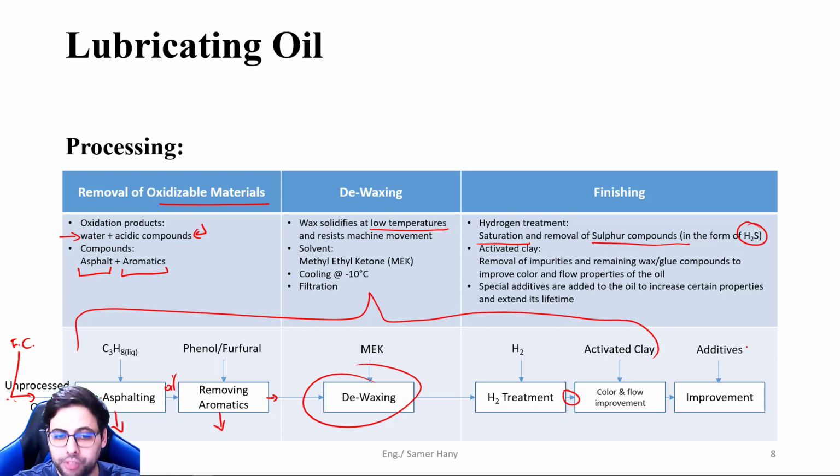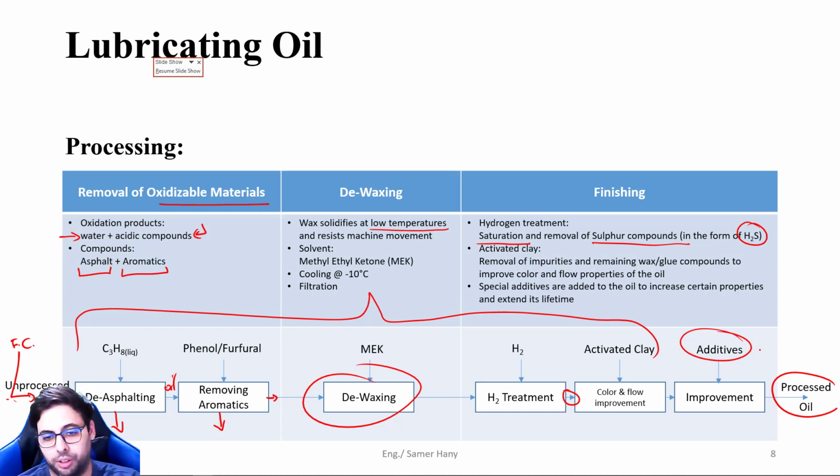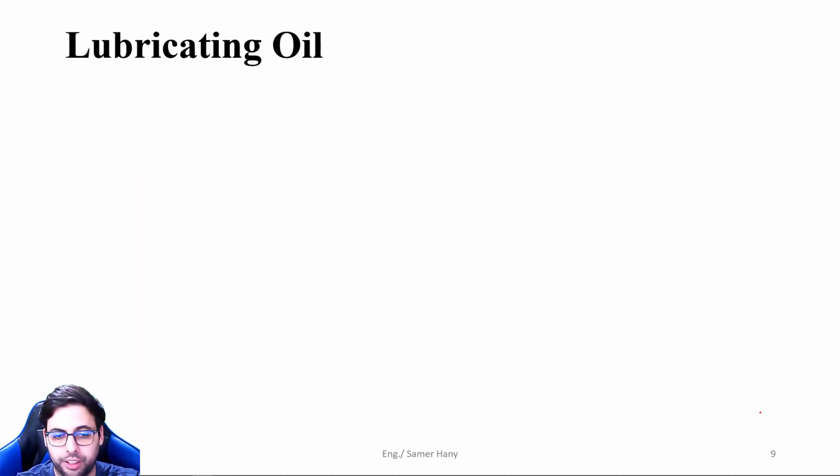So we add some additives in here to enhance the properties of the oil, to prolong its lifetime and make it perform better and more efficiently. And we'll discuss these additives in a minute. And now we got our processed oil. We can then start testing and checking if it's according to standards or not, to start selling it. And of course, we need to pack it first before going further. All right.